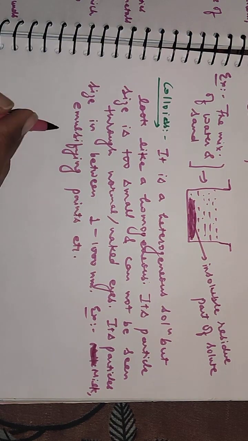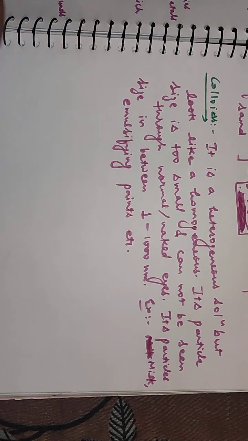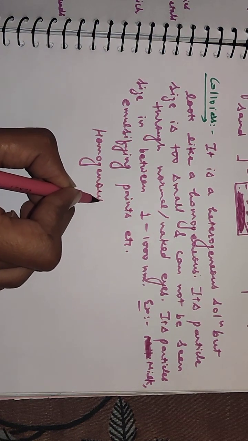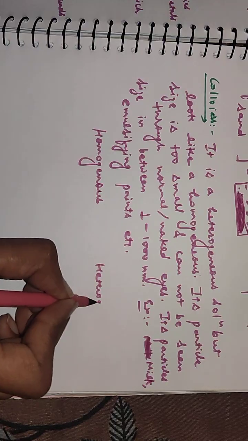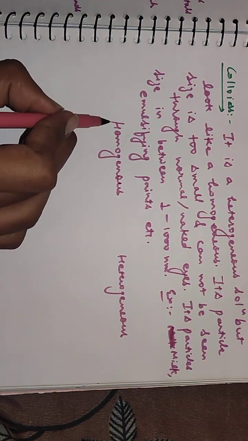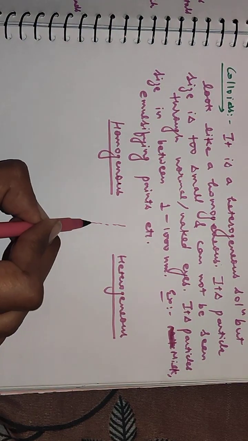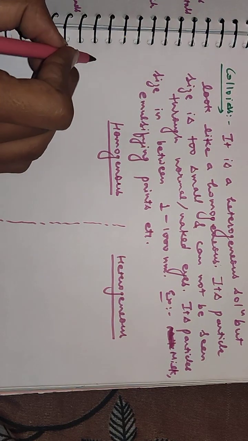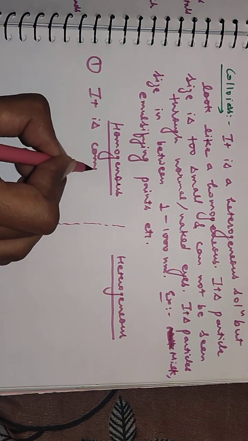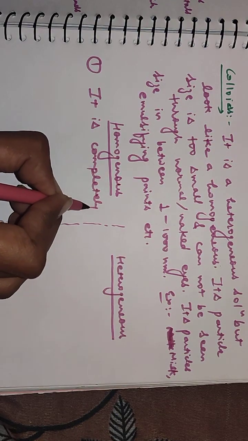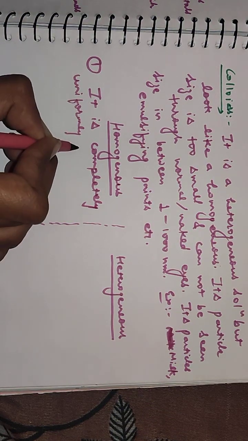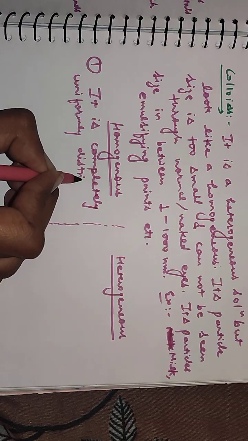If we categorize the basic properties of homogeneous and heterogeneous solutions, we can reach a conclusion. What is the main conclusion? The first one, the homogeneous solution, is completely uniformly distributed throughout the medium.